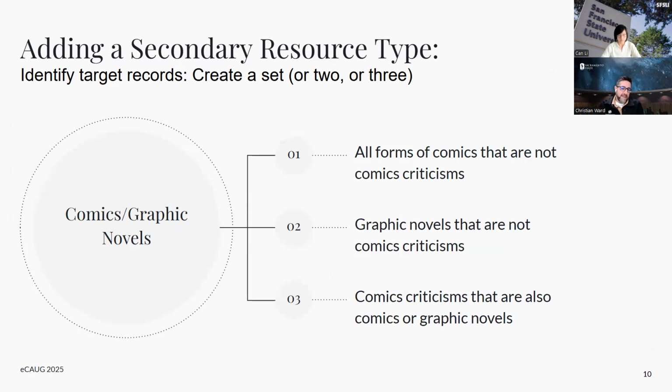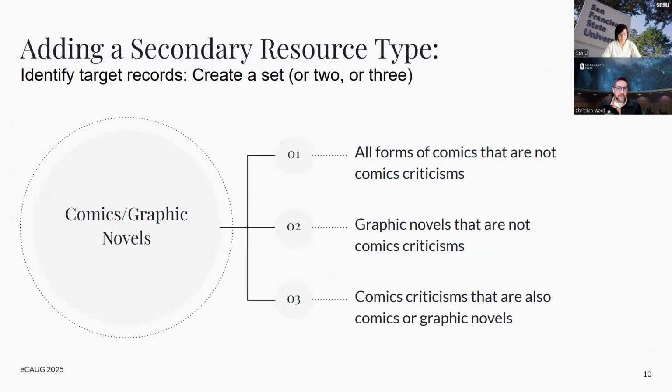Using the Venn diagram as a guide and the genre form search index, we created multiple sets to try and gather up the records we wanted to apply a secondary resource to. We chose genre form because it indexes most of the 600 fields, which largely contains the data that we're after.